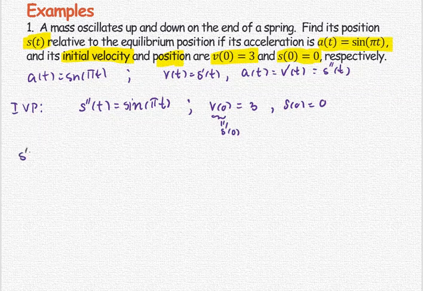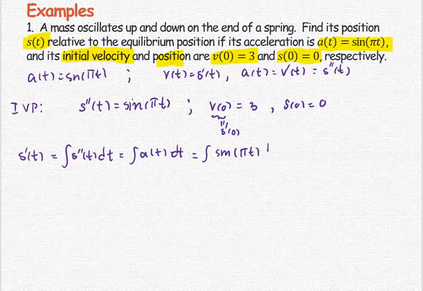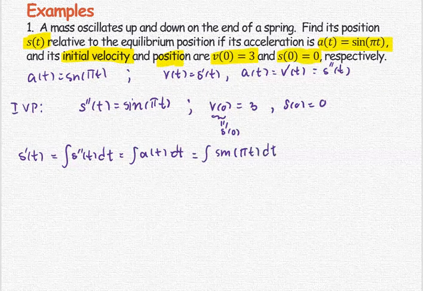First, we find s'. s'(t) is the antiderivative of s'', which is the antiderivative of the a function, or the antiderivative of sine of pi t with respect to t, and gives us the function negative cosine of pi t divided by pi.